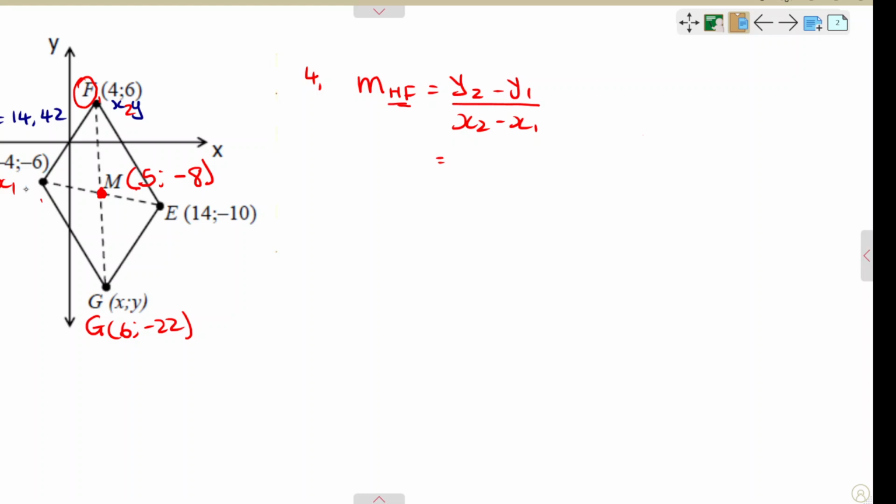Now if you look at H again, that y will be y1, then the y for F will be y2. You can start with either F or H, it doesn't matter, the answer will still be the same.